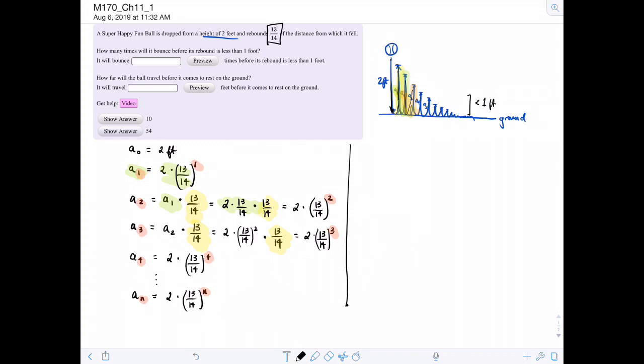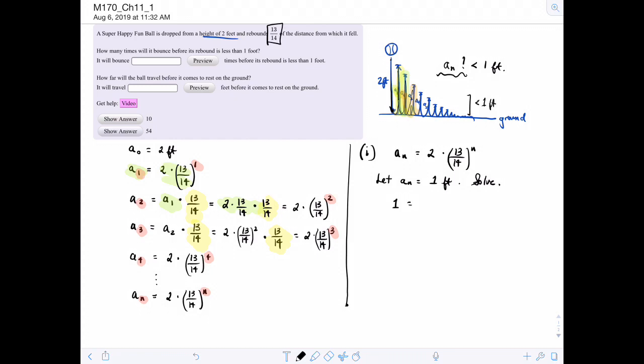Well, we can easily see this by taking our A sub n, 2 times 13/14 to the n. Where A sub n is going to be less than 1 foot. So we let A sub n be equal to 1 foot, and then we know it has to be less than that.